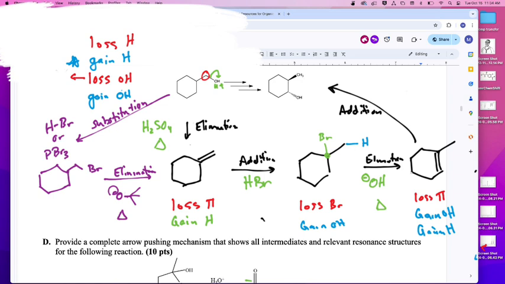Okay? And when we talk about the addition of H and OH across a pi bond, this is one that I've said both in this class and last semester. It's a critical one for you to memorize the reagents for, because there are 3 very common reagents, and they all do slightly different chemistries.